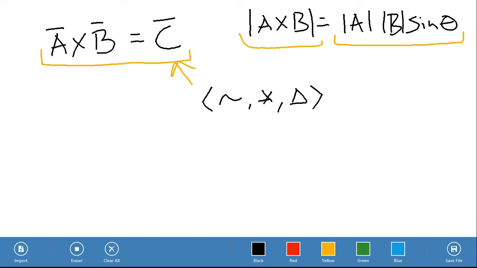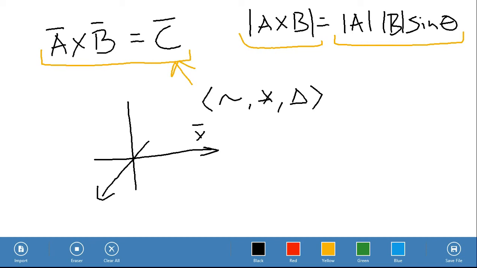And the output vector C is going to be orthogonal, or perpendicular in other words, to both the vectors A and B. Let's just consider a very simple example here, where we want to consider the cross product of x and y.